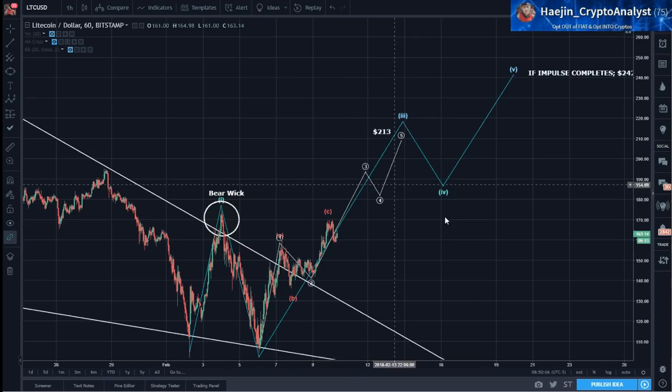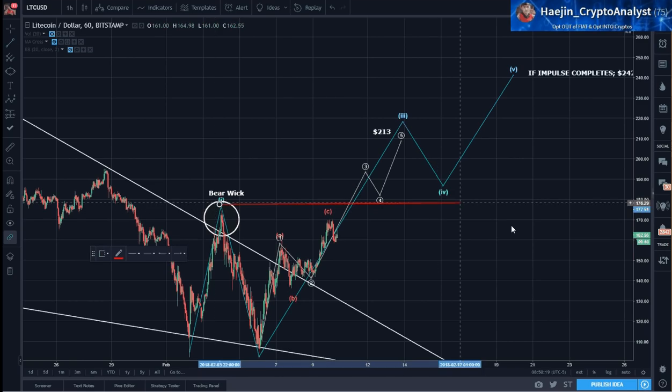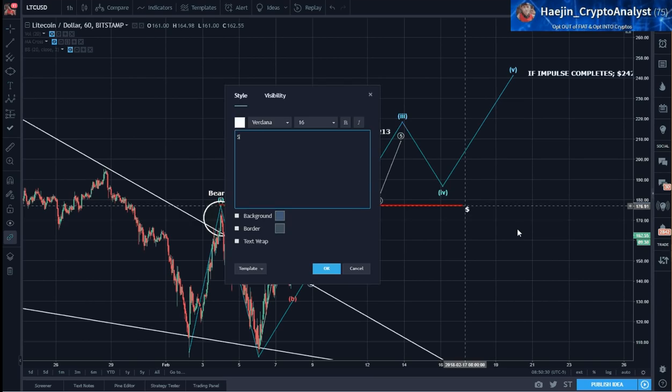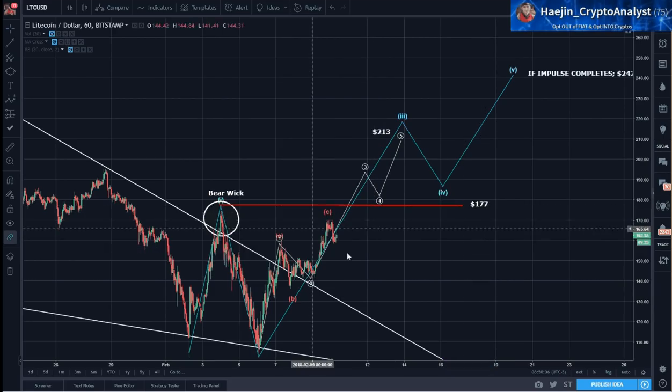So what do we need? We need a higher high, higher than this one. So we need a price higher than 177. If we can breach above that, wonderful.